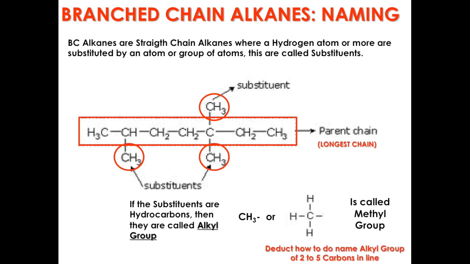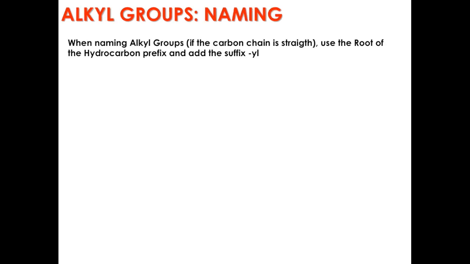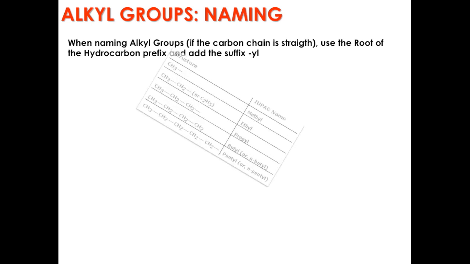So, can you deduce the others from 2 to 5 carbons? When naming alkyl groups, if the carbon chain is straight, use the root of the hydrocarbon prefix and add the suffix -yl.